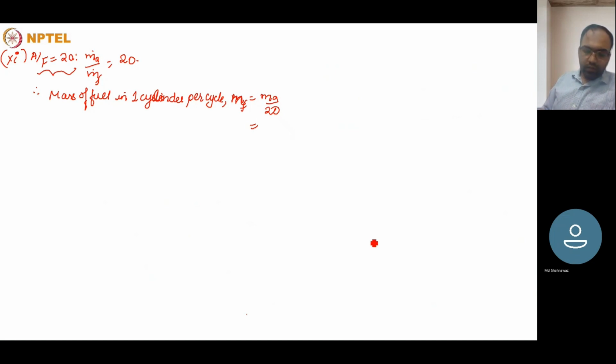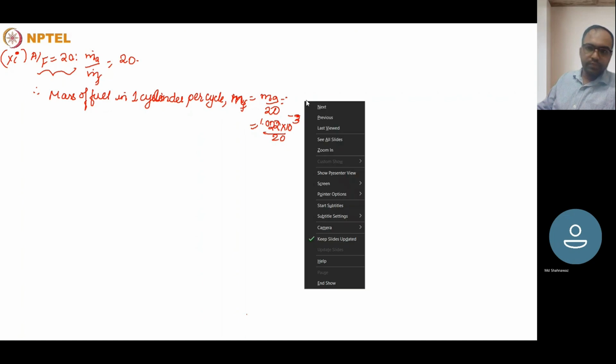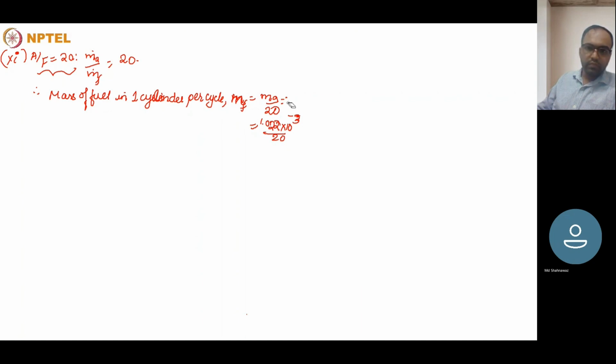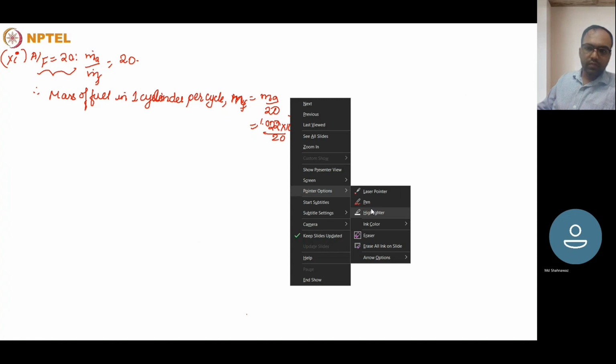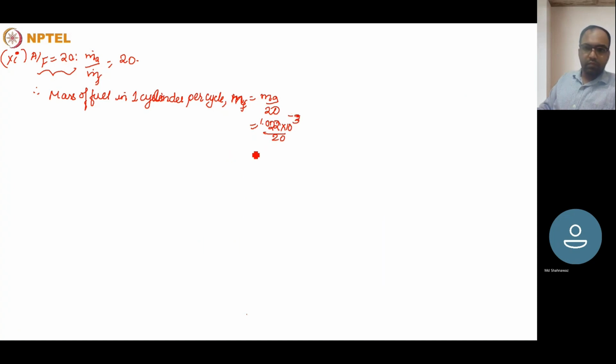We have calculated the mass of air to be 1.022 into 10 raised to minus 3 divided by 20. So we have calculated the mass of fuel per cycle.